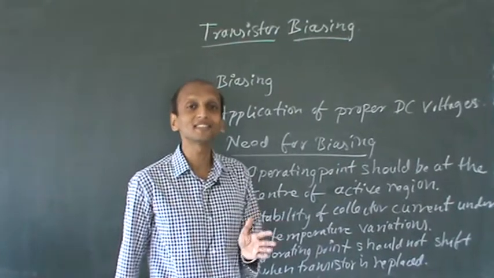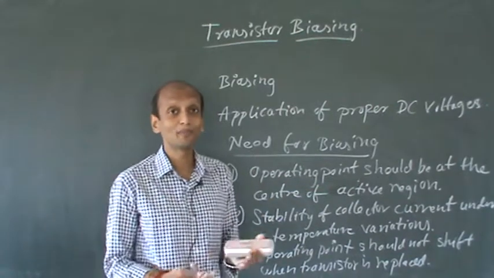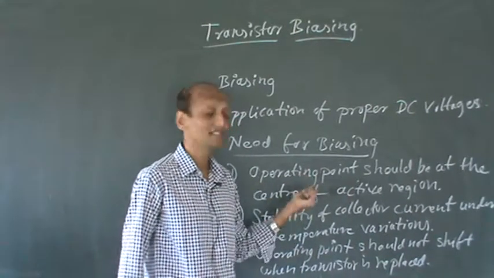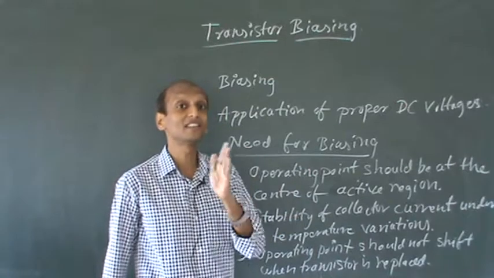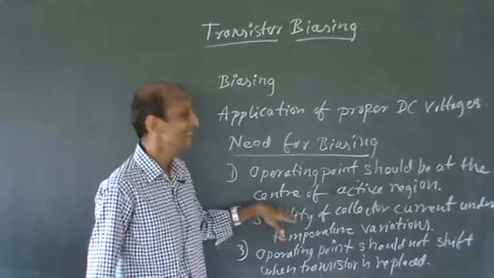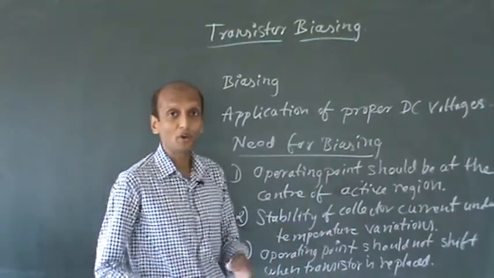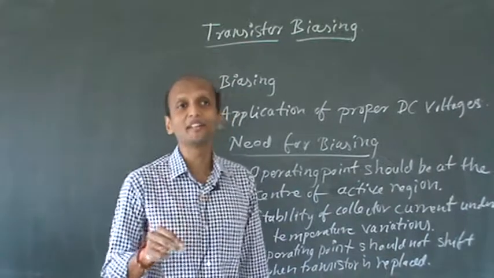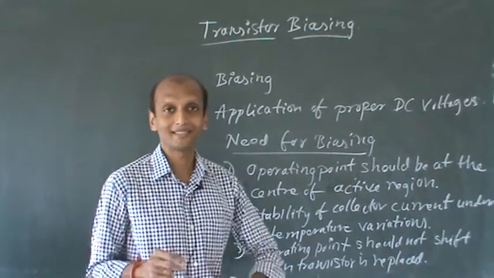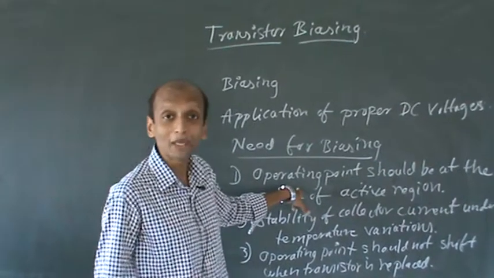In our previous chapter we saw the different regions in the characteristics graph. The operating point is a point in the transistor characteristics where we see the performance of that particular device.